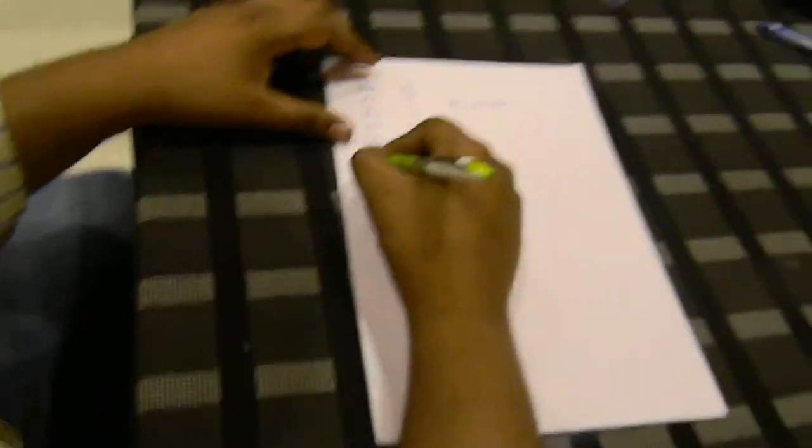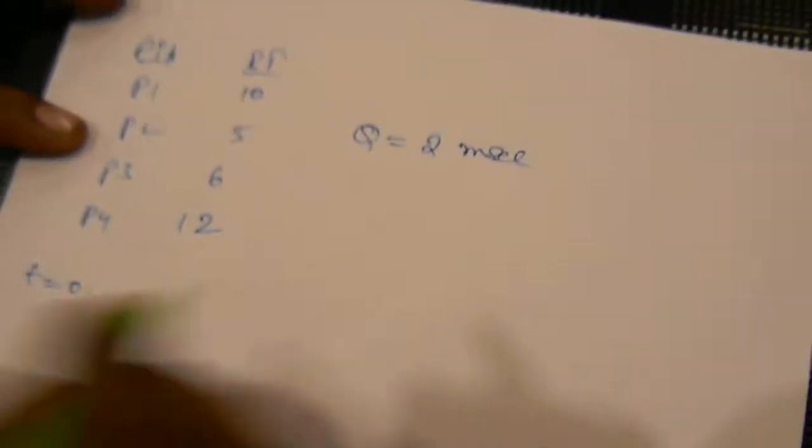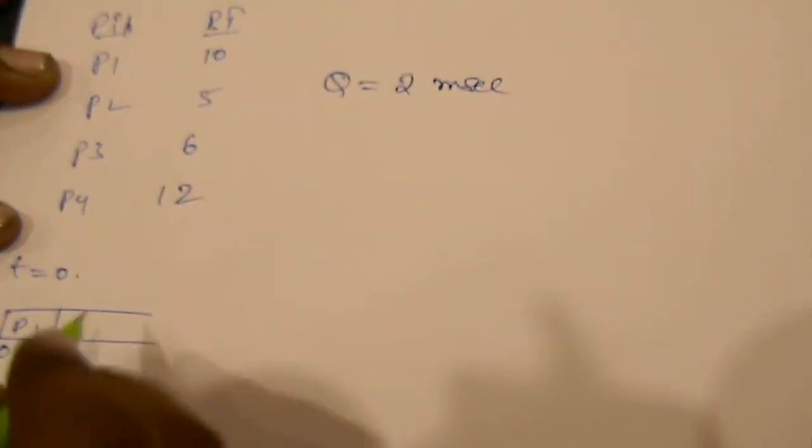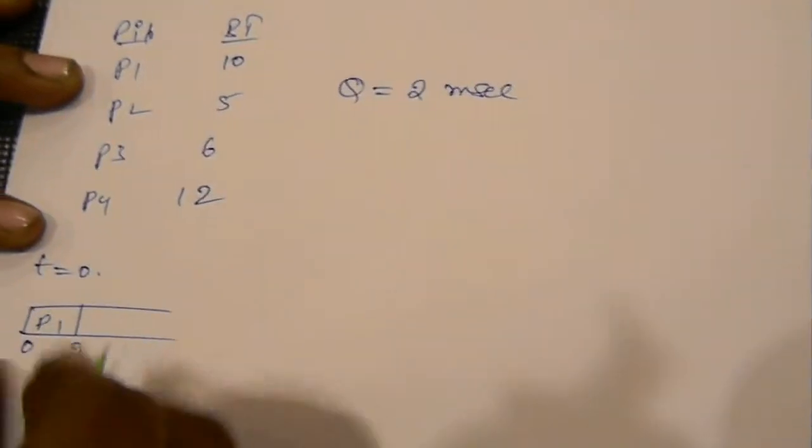Now at t equals 0, all these are in the ready queue with burst times 10, 5, 6, 12. Now P1 enters into the execution and completes the execution up to 2 milliseconds.